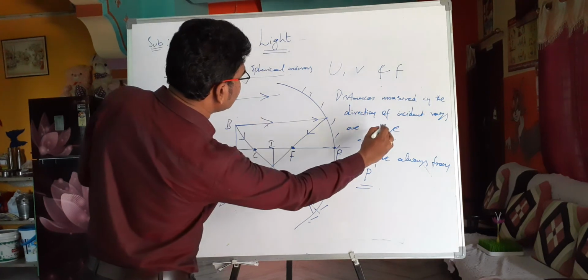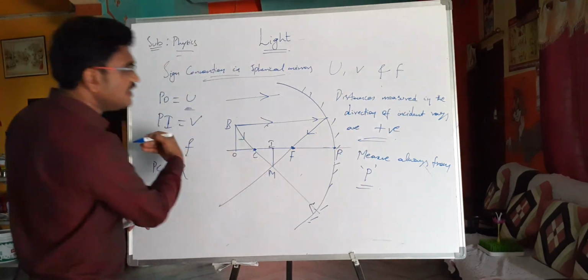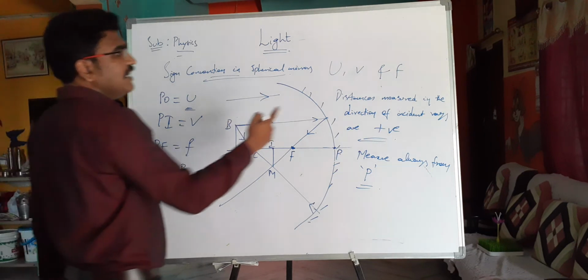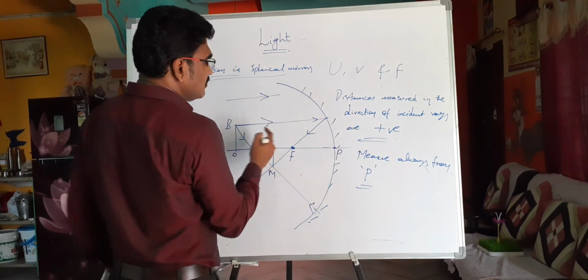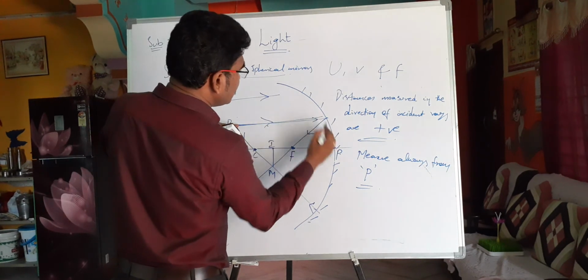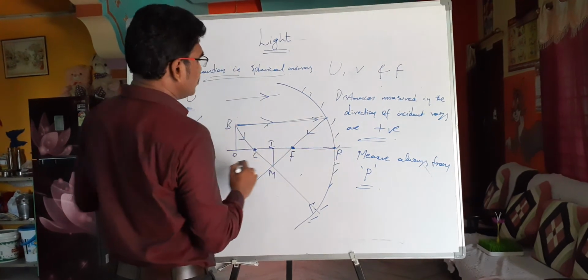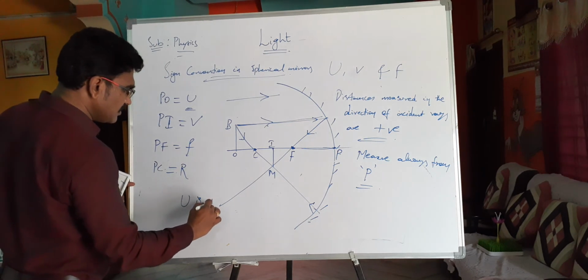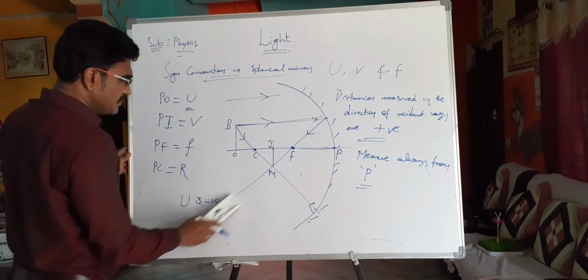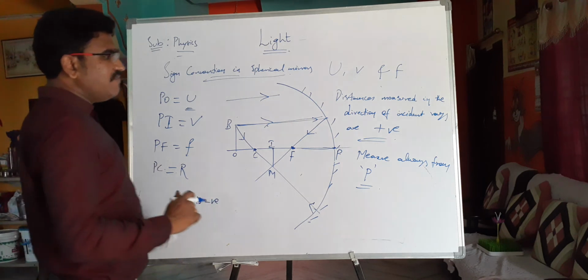Actually, the incident ray direction is this, and now I am measuring in this one. So the distances measured in the direction are positive, and opposite are negative. The incident ray direction is this one, but I am measuring in this direction. So here U is negative. Very important. Similarly, V you take.